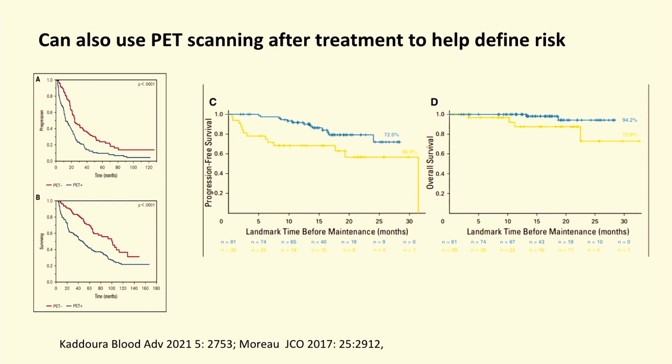Okay, a lot. So what they did is they said, after the end of your treatment, we're going to do a PET scan. And we're going to see if it's negative or positive. If it was negative, in the red here and the blue here, you actually did a lot better. So that is another tool out there that may be used in the future to say, okay, if your PET scan's still positive, you need more treatment.